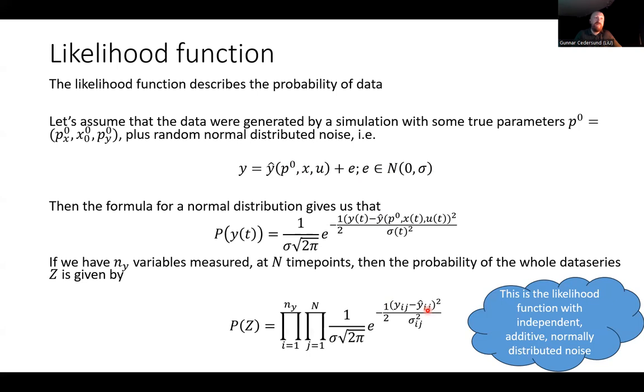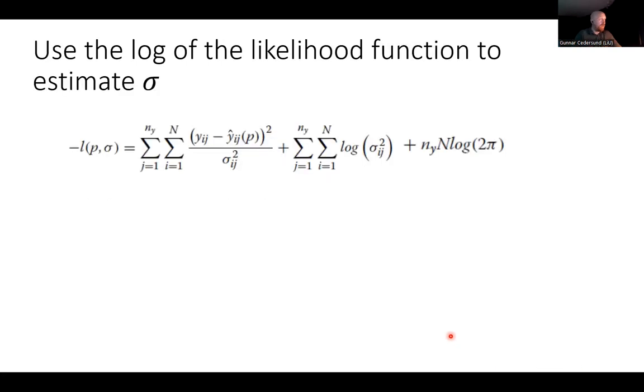If we have the true parameters, then the data will be very probable, because it's just the noise. But if you have a very bad simulation, then the data will not be very probable. It's quite improbable that you have those data. So you want to have the parameters where the data are as likely as possible.